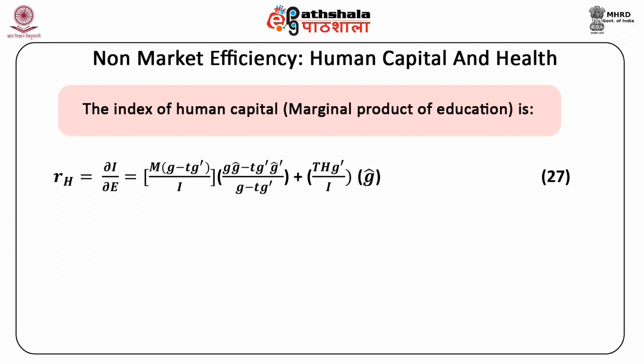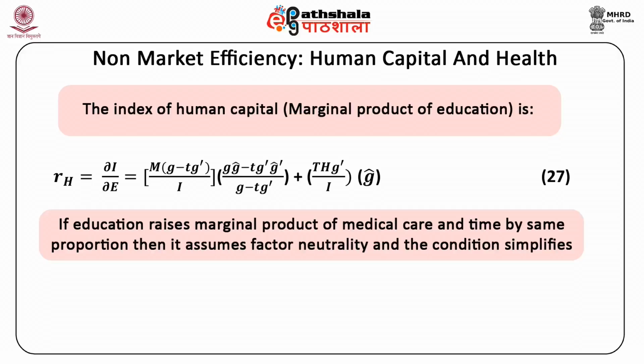Equation 27, where g minus tg' and g' are the marginal products, MP, of medical care and time. The relationship measures the change in gross investment due to a change in education, which is measured as the average of change in marginal product of medical care and time.